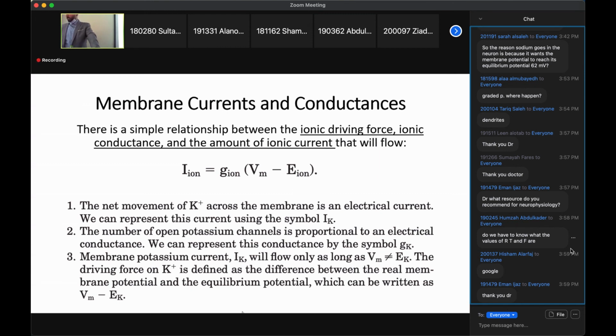For example, in the resting state, we know that the membrane is negative 65, and that the equilibrium potential for sodium is positive 60.